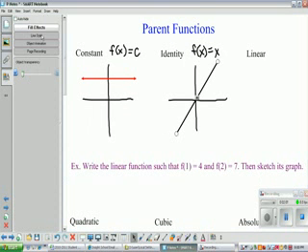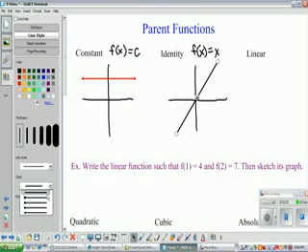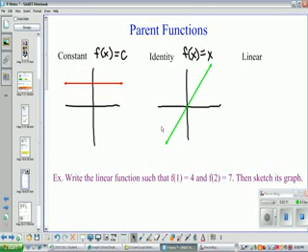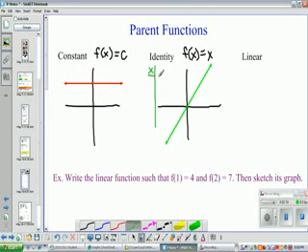Another way of looking at that one: if you were to look at a table, all of your values are the same, meaning your input equals your output. So 1, 1, 2, 2, 3, 3, and so on.